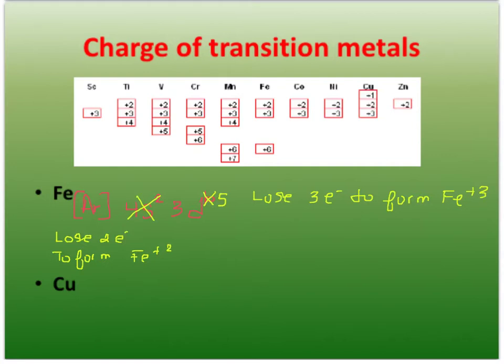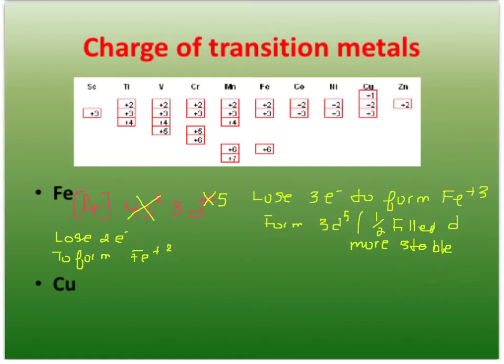When it loses the 3 electrons, it forms, as we said, the 3d5. Remember that the half-filled d is more stable. All right, so we have to remember that the half-filled d is more stable. So these are the ions that it can form.